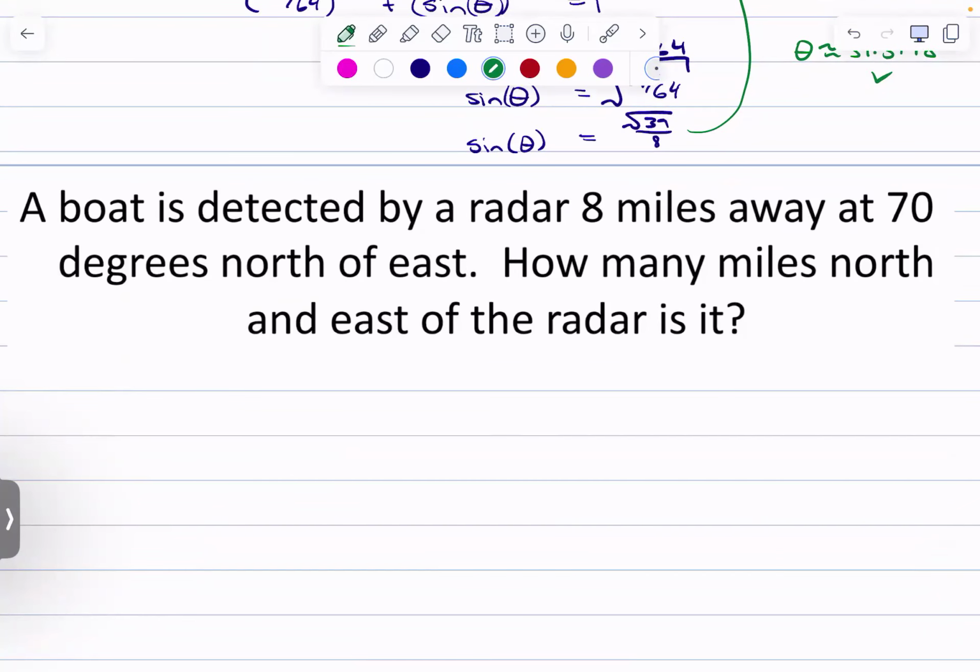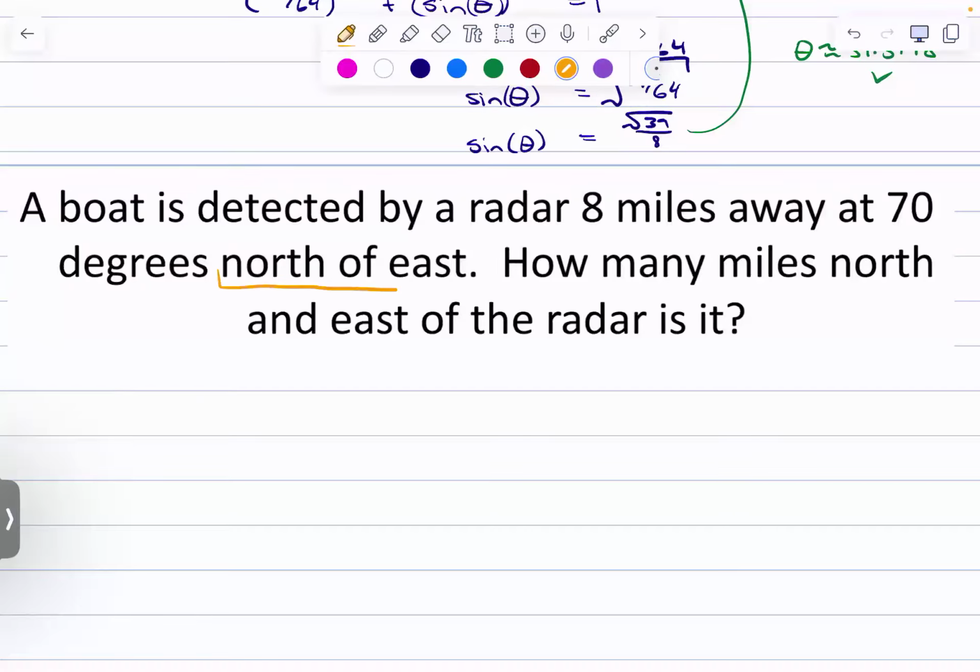A boat is detected by a radar 8 miles away at 70 degrees north of east. Okay, and so north of east means from the horizontal axis, the positive horizontal axis, you want to go up. Okay, is how you read this.